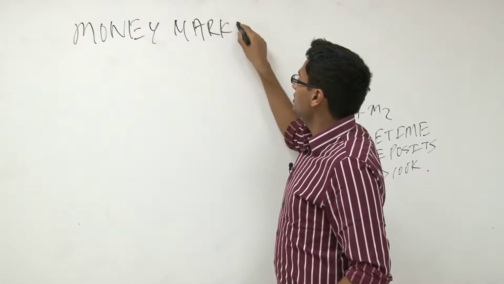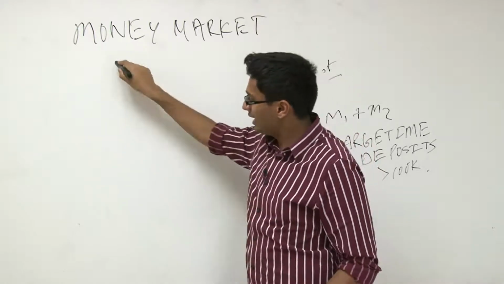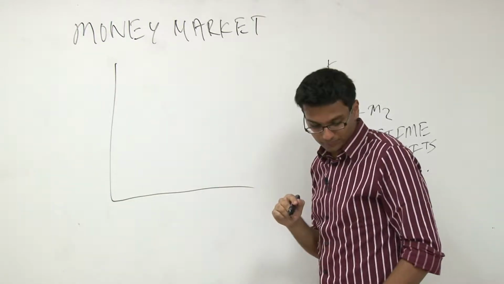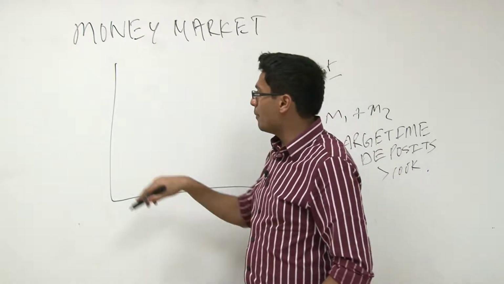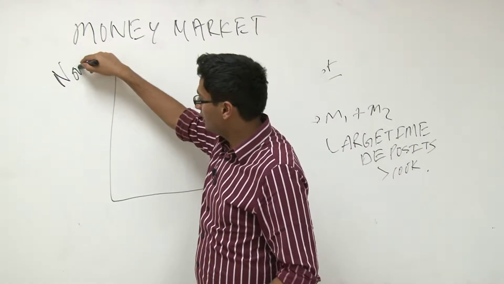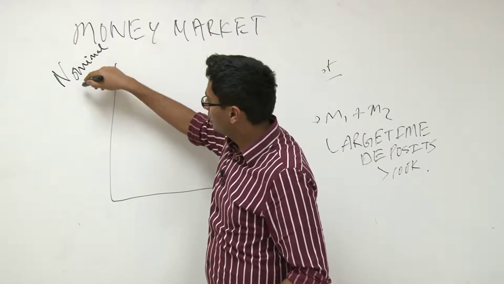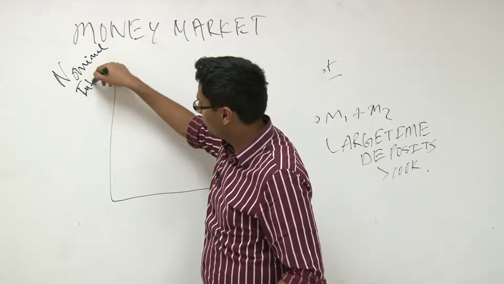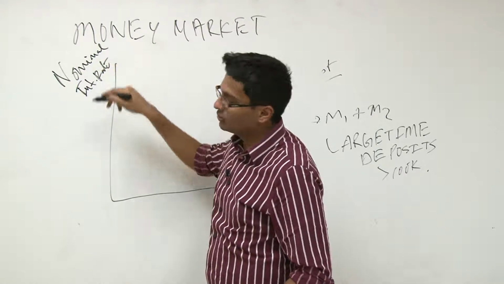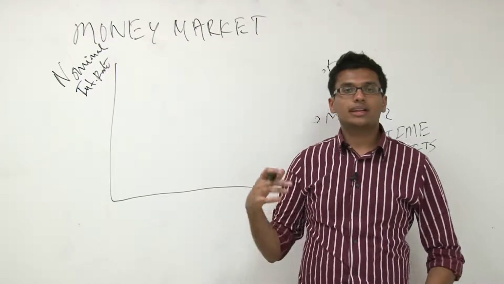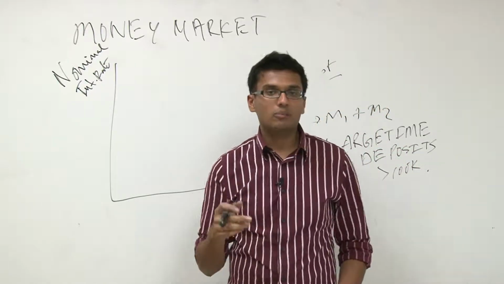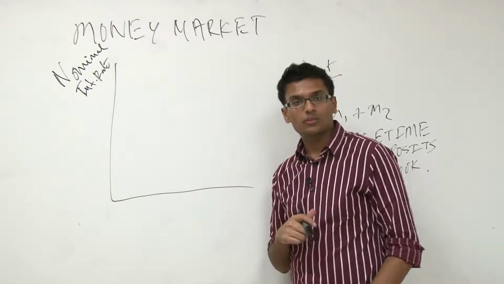We said obviously you have a demand and a supply as usual. So what are the X and Y axes for a money market? The Y axis is the nominal interest rate. So what is the interest rate in the market today? If you go out and say you want to get a house and the banker tells you it's a 5% interest rate, that probably is a nominal interest rate.